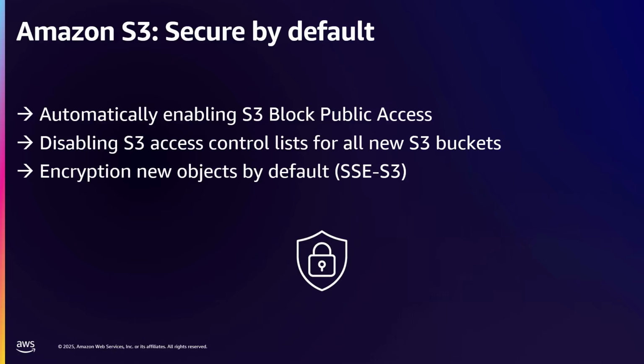But none of them solves the problem, because when you allow your clients to upload to Amazon S3, it can be a nightmare and an initial endpoint into your system, and attackers know that.